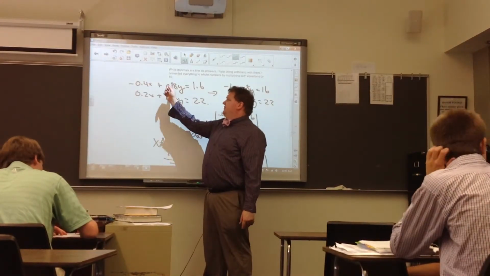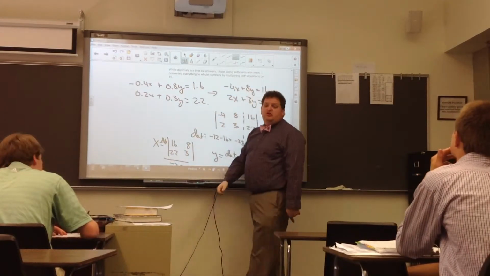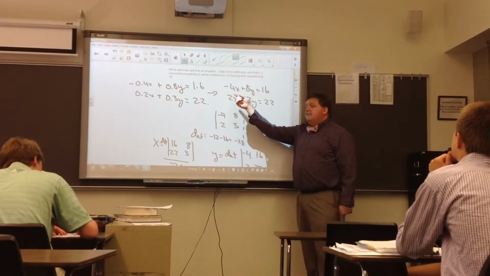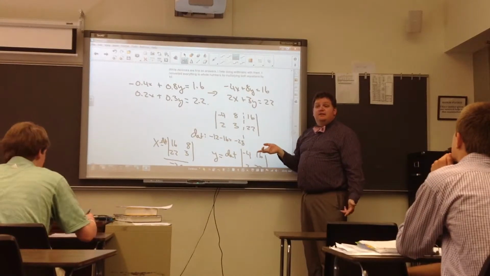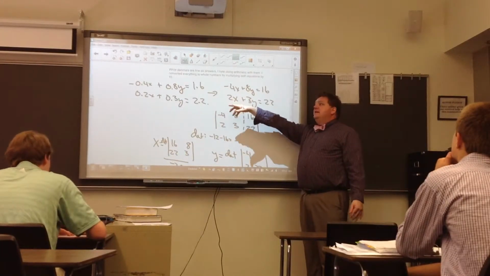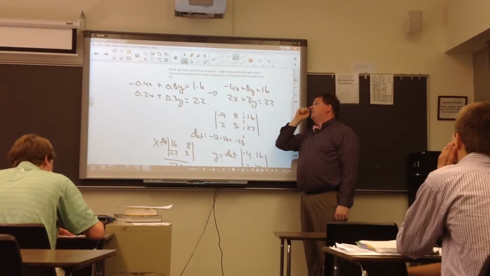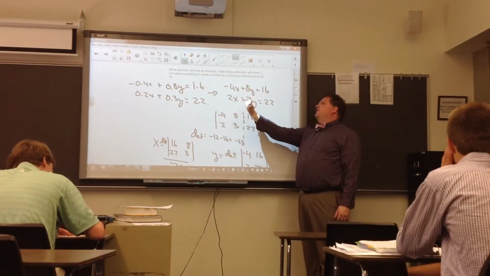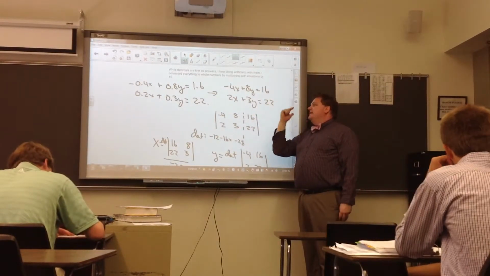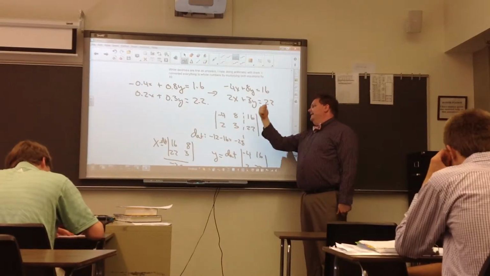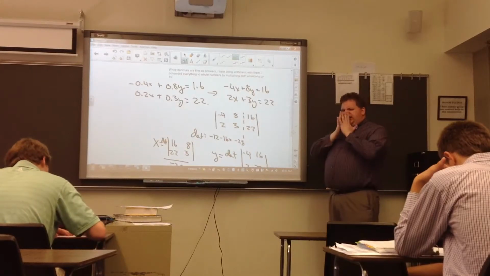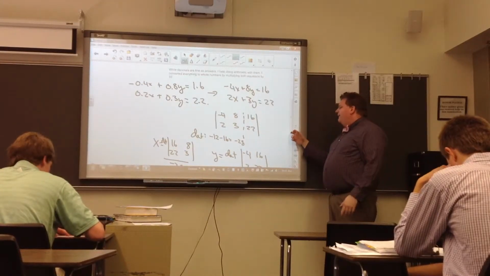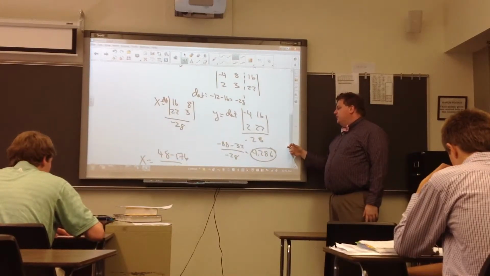Because these are all in terms of tenths, I can just multiply everything by 10 and convert it into regular old numbers and do the work with that instead. And that's exactly what I did. Basically just shuffled the decimal place over 1 and changed this to minus 4x, 8y, 16, then 2x, 3y, 22, and worked it out from there. Okay? Any questions?